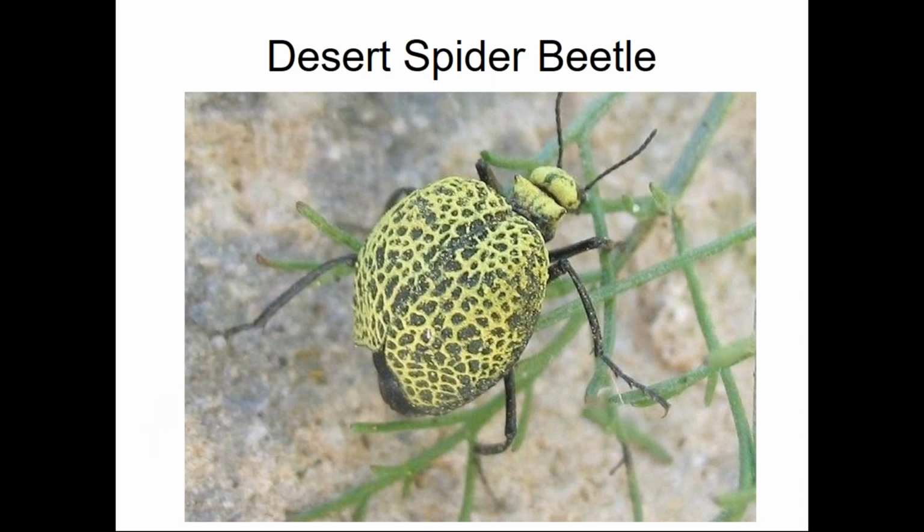Another beetle you'll see crawling around on the ground that cannot fly because its elytra are permanently fused shut is the desert spider beetle.